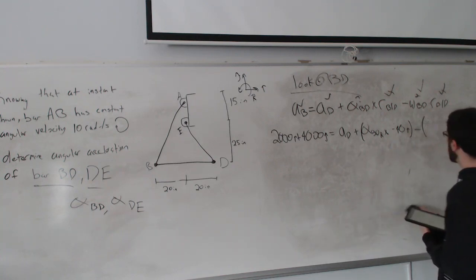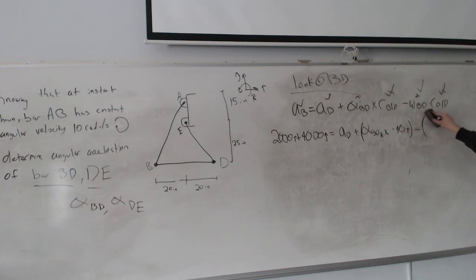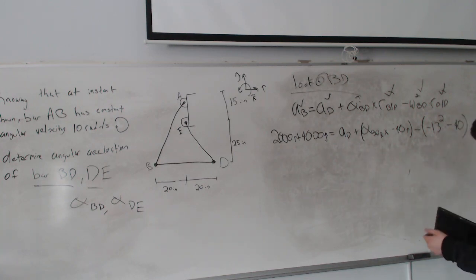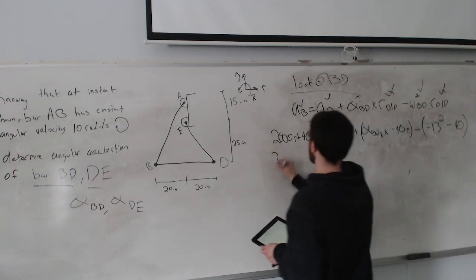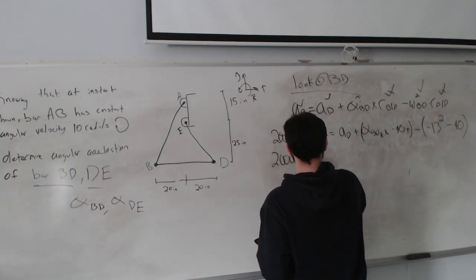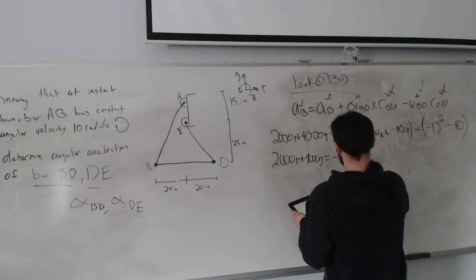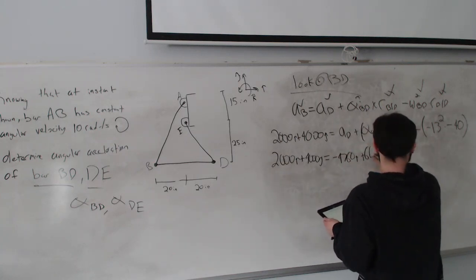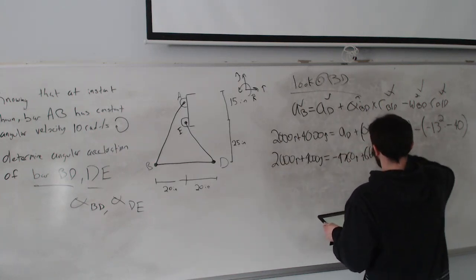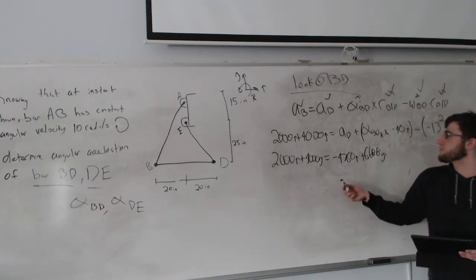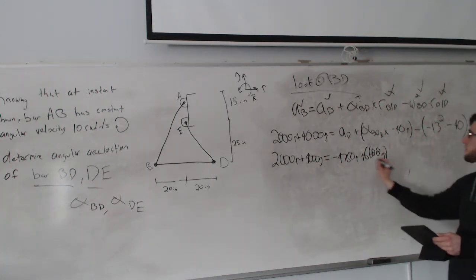Does anyone remember what I had for angular acceleration of BD on hand? It's 16 or 13. You said it was negative 13k. Negative 13. All right, so this leaves us with acceleration of B. Acceleration of D I just solved for.